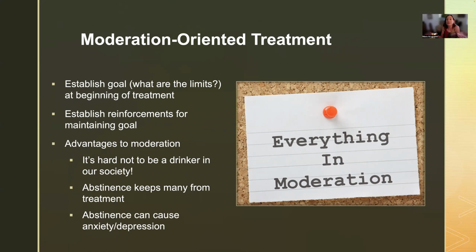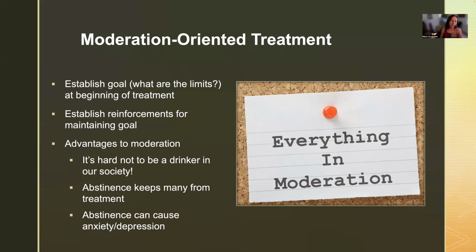How much do I want to drink? What's a good amount for me to drink? People will generally go with a limit that is doable, right? And the client has got to be the one who establishes that. And then you're going to establish some reinforcements for maintaining that goal.